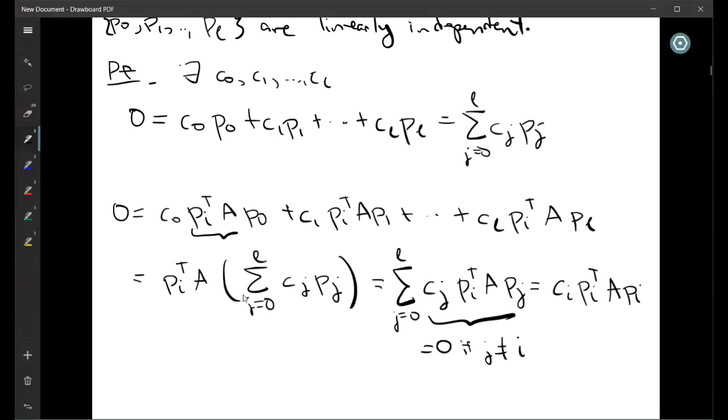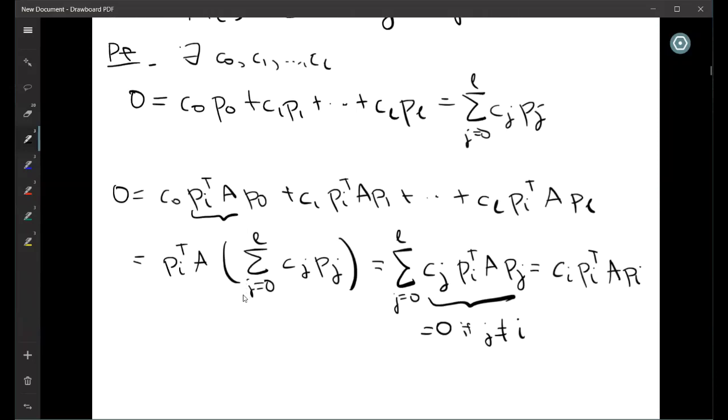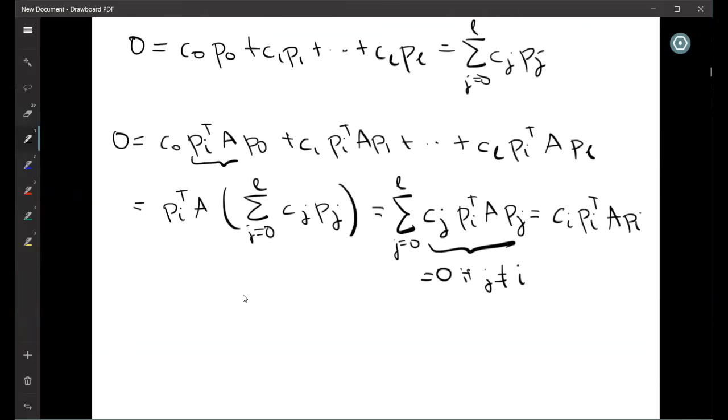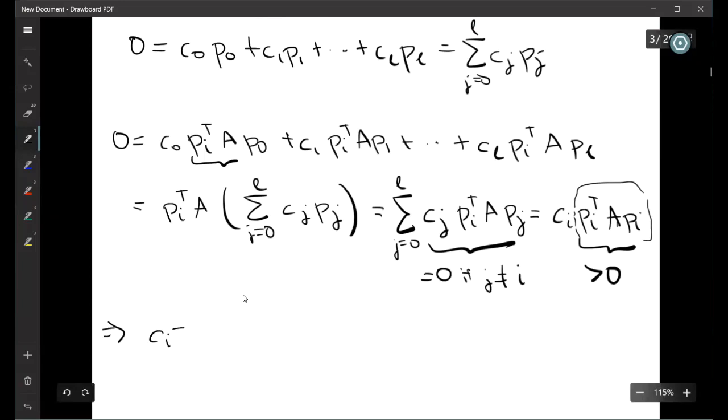So you're left with just one term here. Now, what we know about this one is that it is greater than 0 because A is positive definite. Since this is a scalar, and you have a positive scalar times c_i equal to 0, this only implies that c_i must be equal to 0 for all i. And that proves the linear independence.